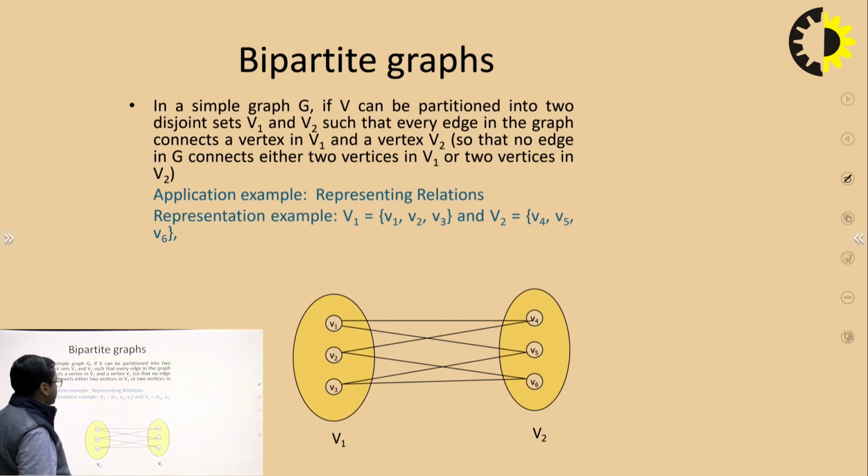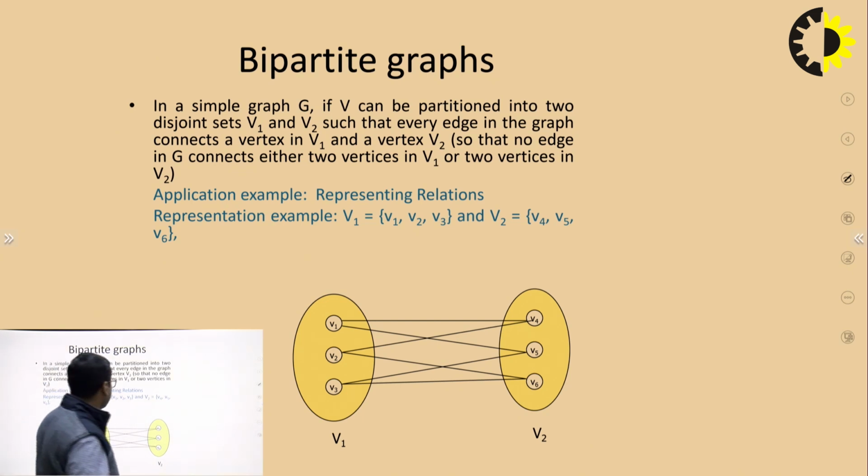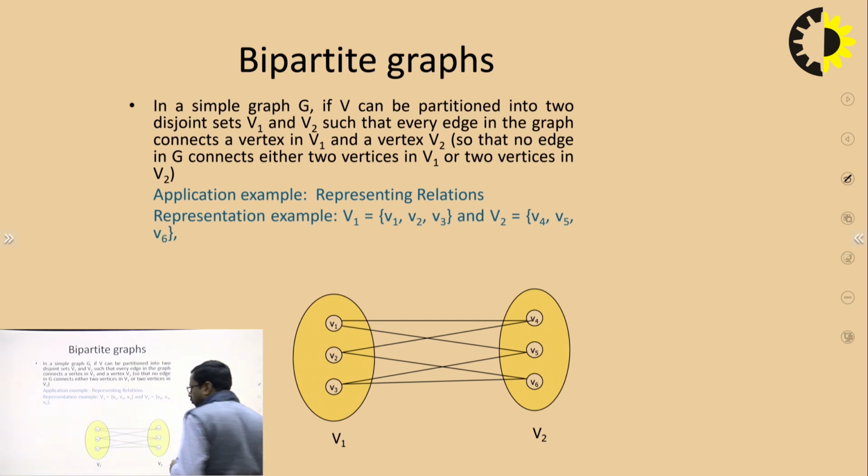What is the bipartite graph? Bipartite graph is a different type of graph structure.